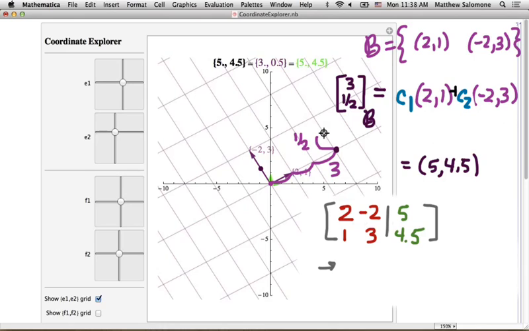Well, apply the row operations that you like. Let's whiz over that real quick, because I'd rather not dwell on row operations today. But when we finish this solution process, we should get that as our coordinates out. So our first coordinate is 3, our second coordinate is 1/2.